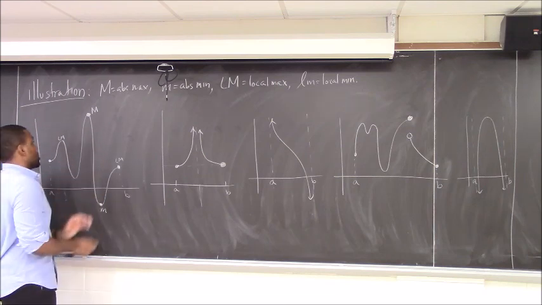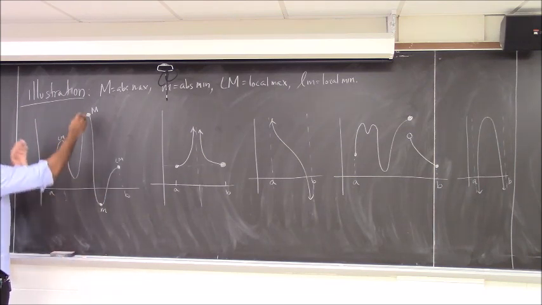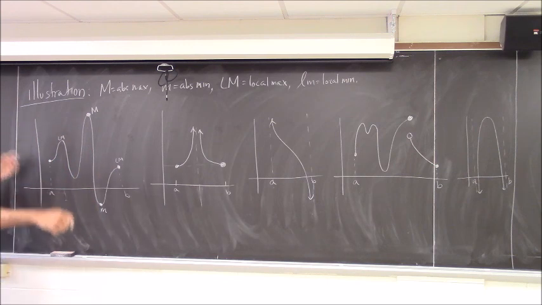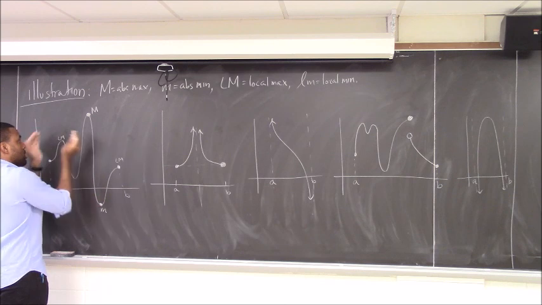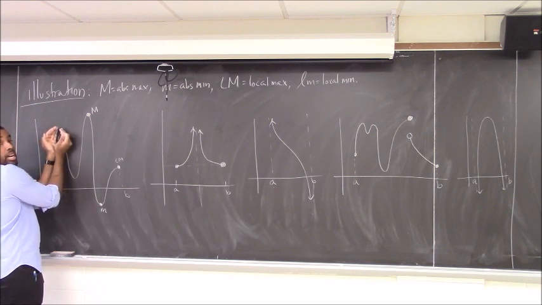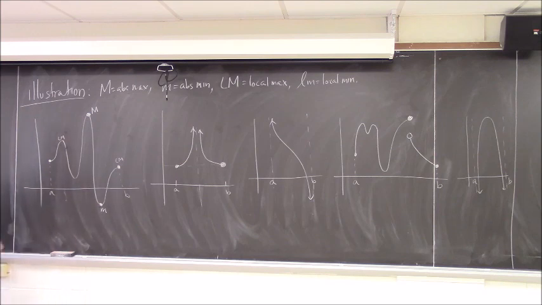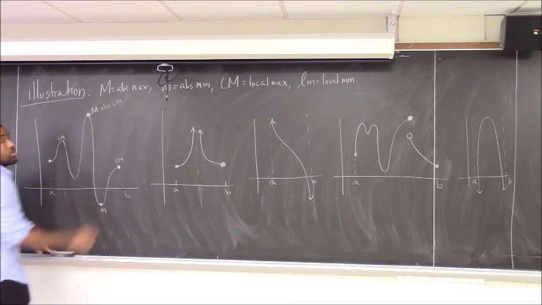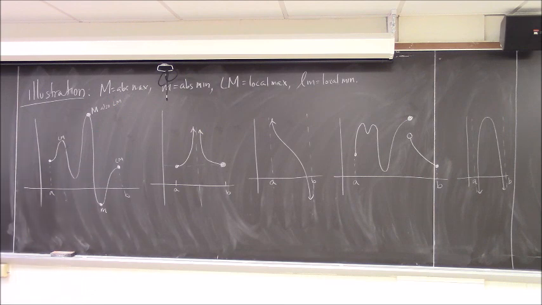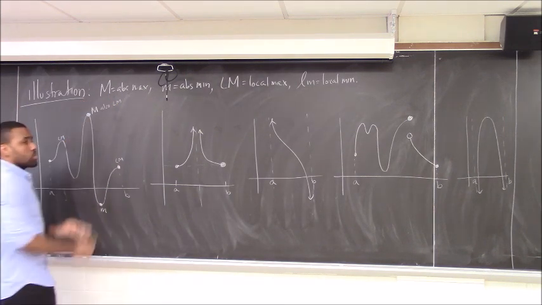The difference between local is this and this were the biggest guys in general, but over here, notice that if I zoom in, I don't care about the entire picture, but in a small window around this guy, he's the biggest point. He's the biggest guy in general, but also in the case that I zoom in, he's also a local maximum.